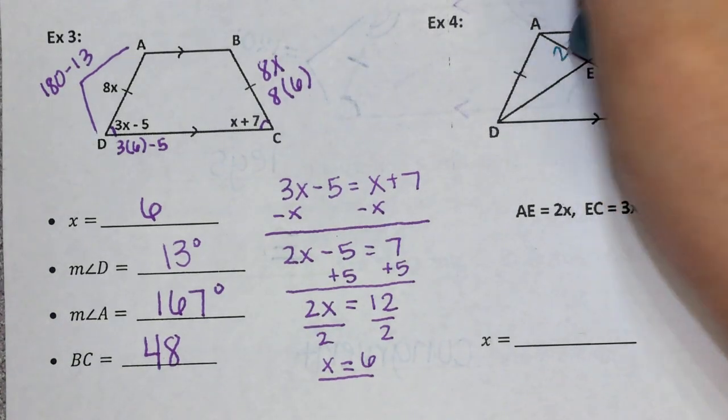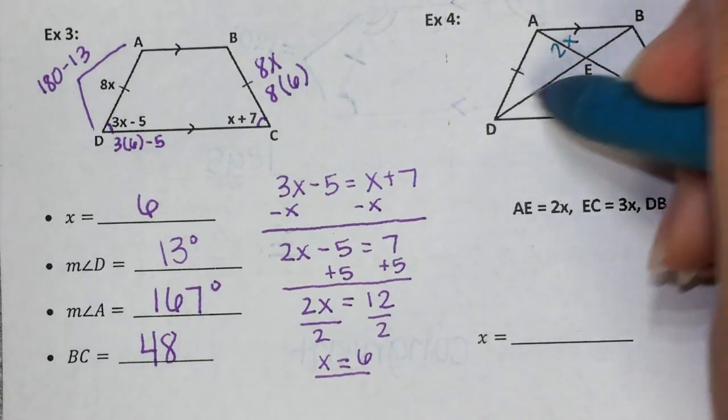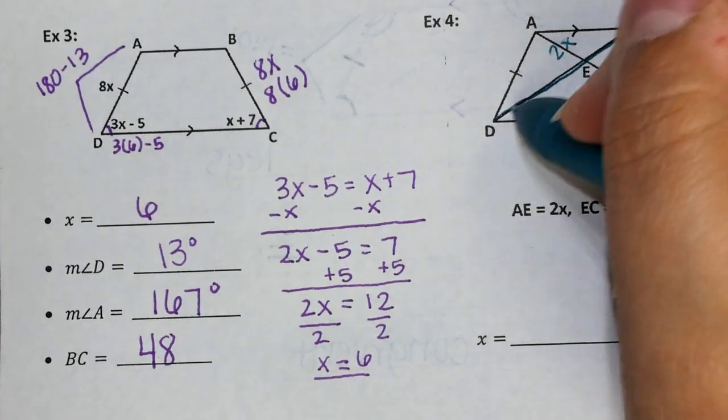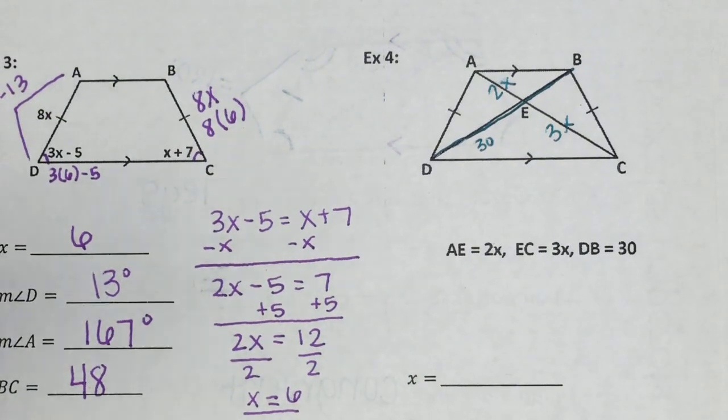Alright, what about this next one? AE is 2x. EC is 3x. And DB is 30. Y'all, if I'm going too fast, please let me know. Okay, don't go ahead yet. I'm going to add some things.